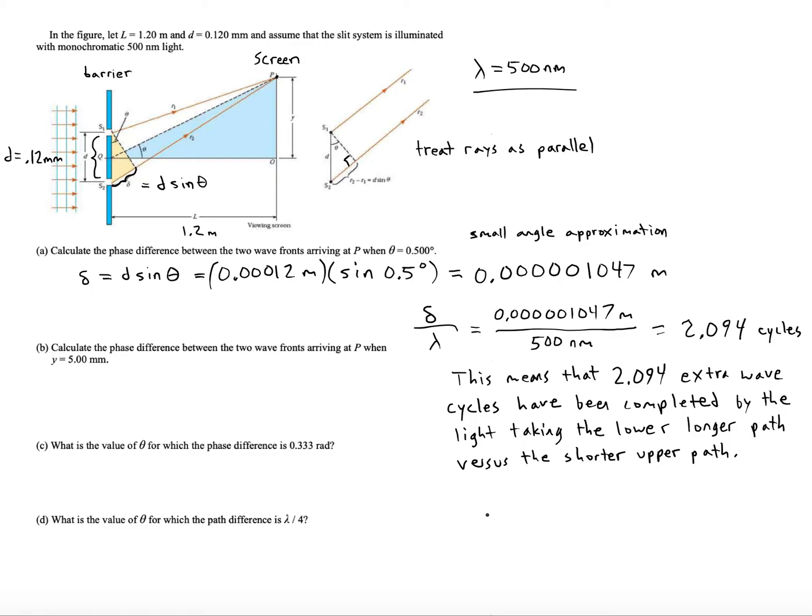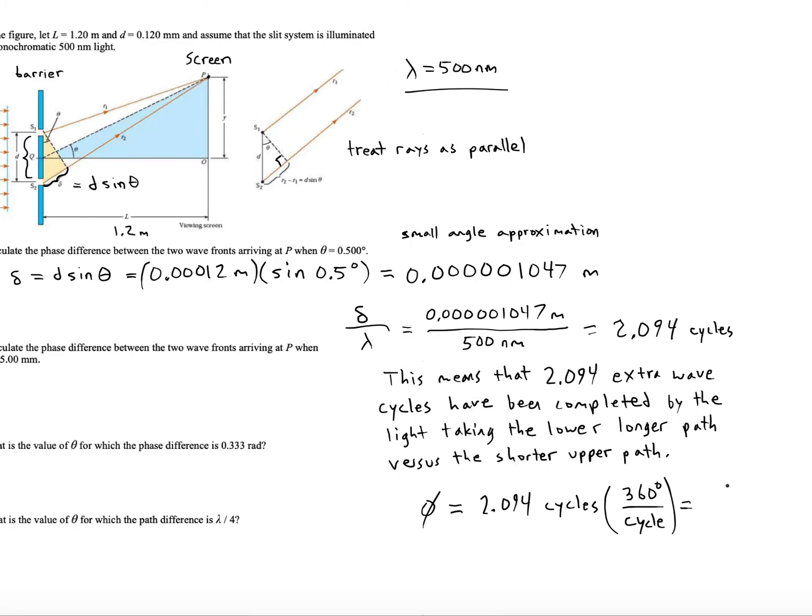So if we want the phase difference here, take your number of cycles and then convert it by multiplying by the fact that there are 360 degrees in every cycle. Okay, so we're talking about 754 degrees.